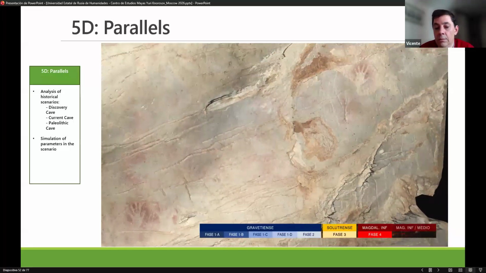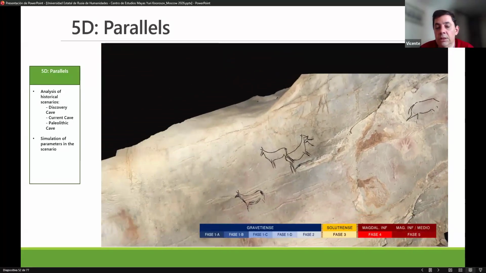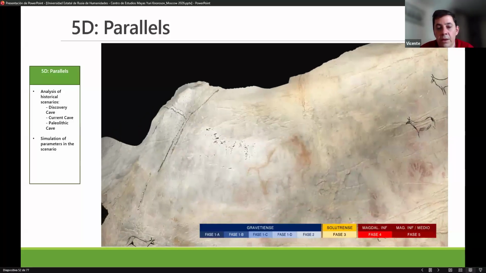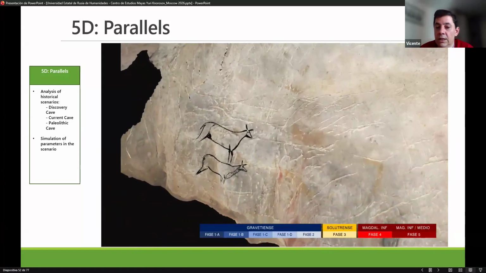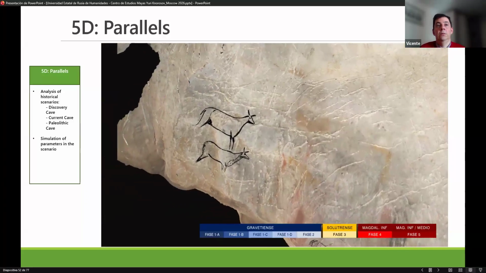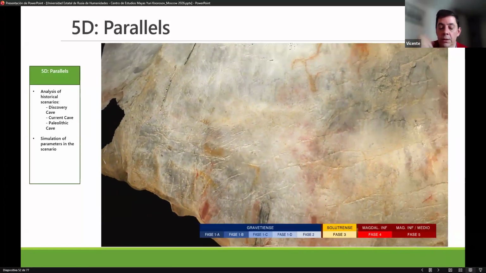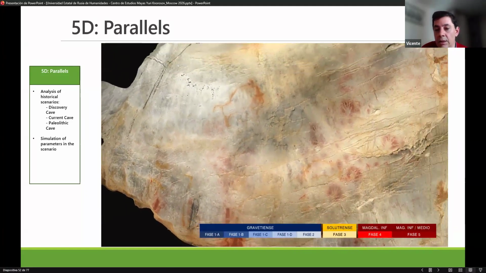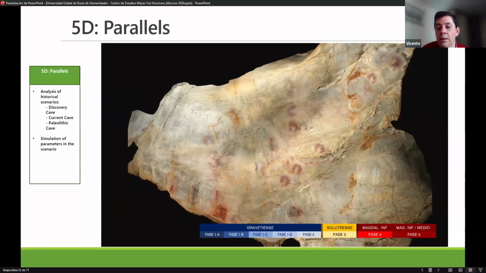You have to think that between the first and the last, more than 35,000 years pass. So the first hands are almost 38,000, 40,000 BP, and the last are Neolithic, so you have a very wide range.